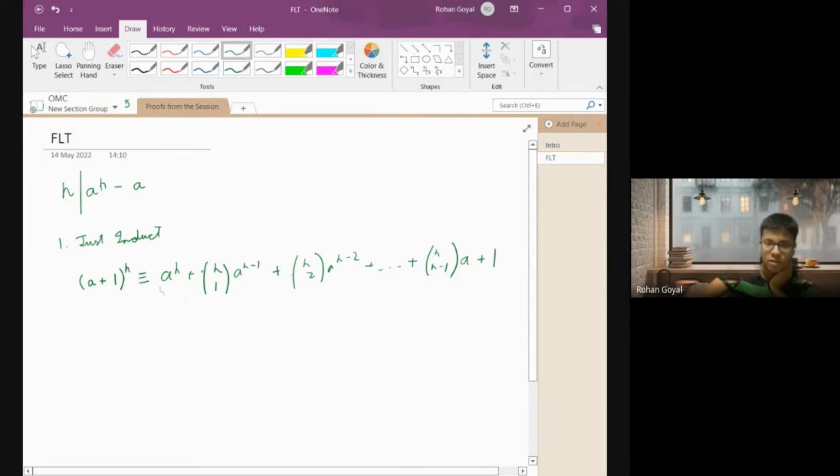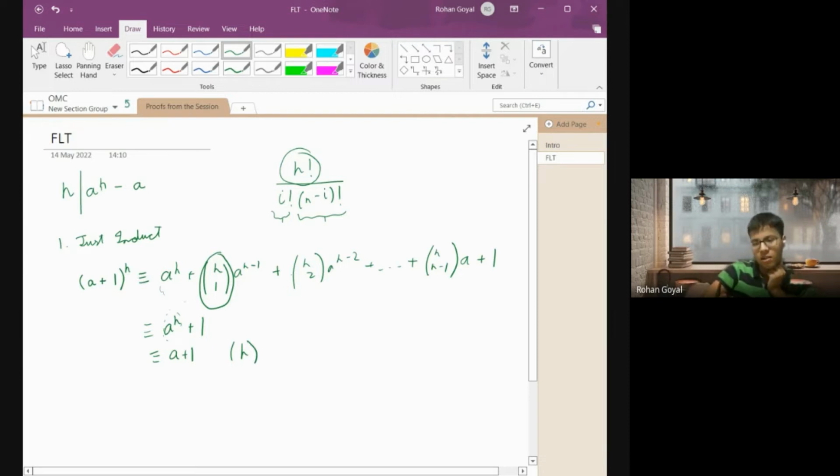Now observe that all of these middle terms are divisible by p, because they're of the form p factorial upon i factorial times (p minus i) factorial. The denominator is not divisible by p, but the numerator is divisible by p, so the resulting term must also be divisible by p. So all of these you can remove, and you're just left with a to the p plus 1. But by your inductive claim, a to the p is a, so this is a plus 1.